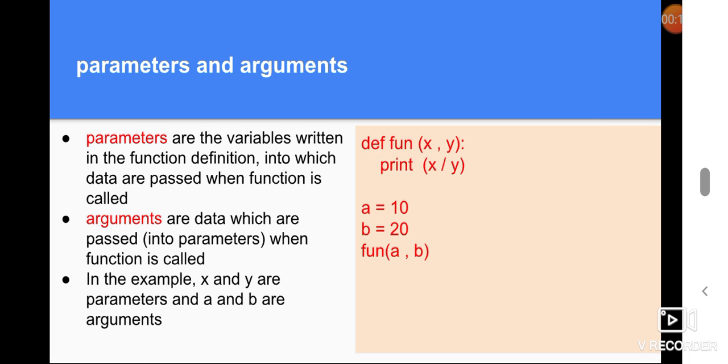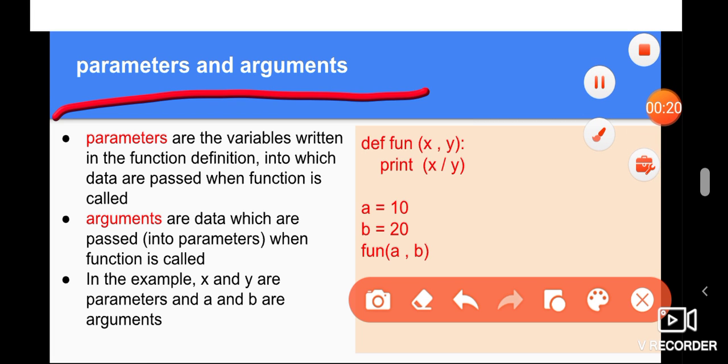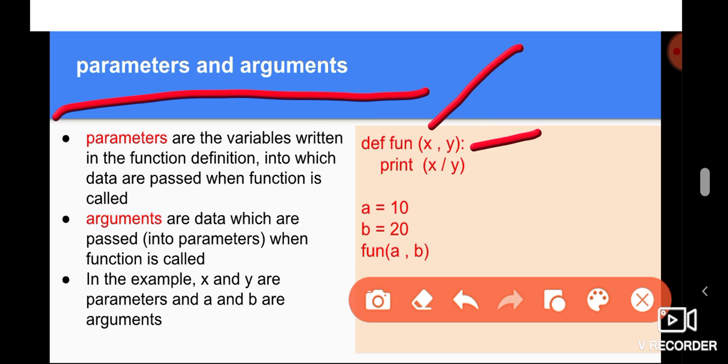First of all, let us discuss the difference between the terms parameters and arguments. When we define a function with the keyword def, the variable names written inside the parentheses, like x and y here, are called parameters.